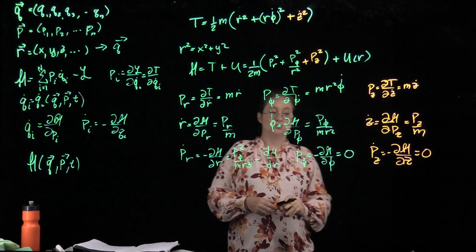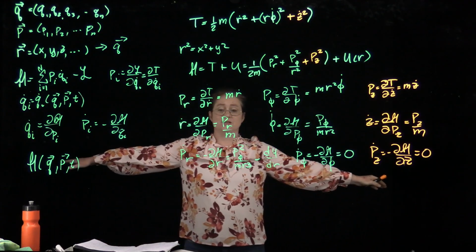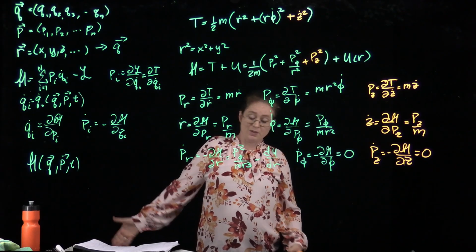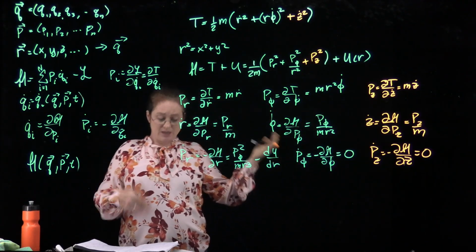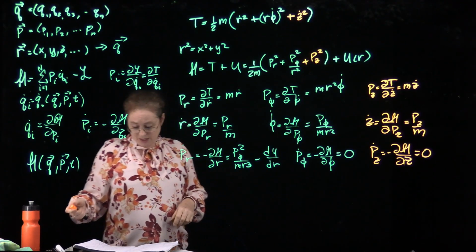So this tells you that the momentum in the z direction is constant. That means the whole system can be moving at a constant momentum, but you cannot change your momentum in the z direction.